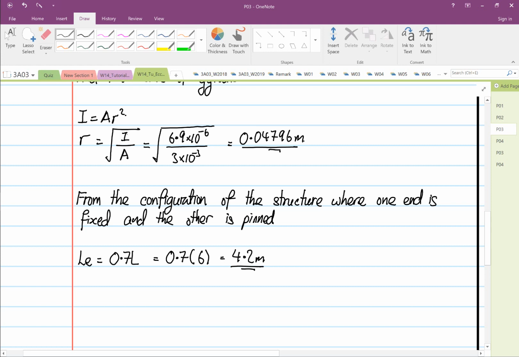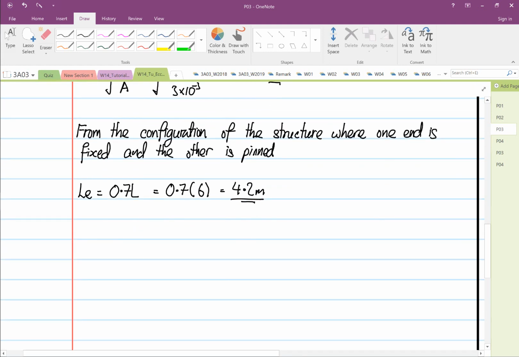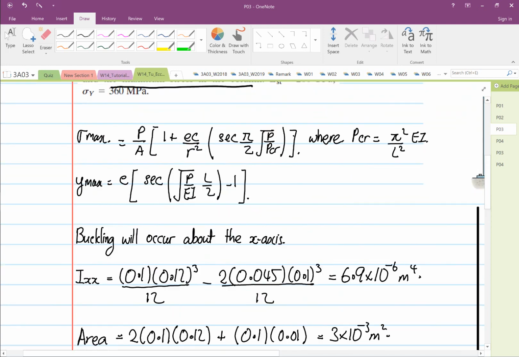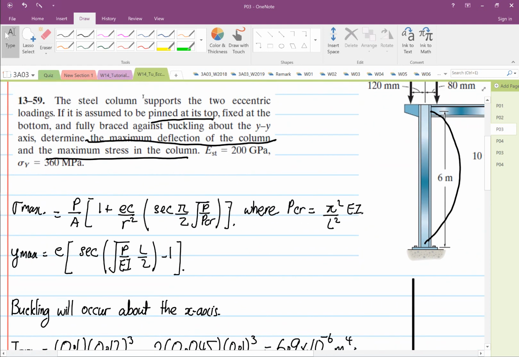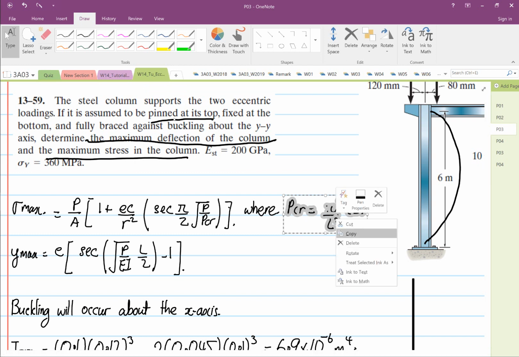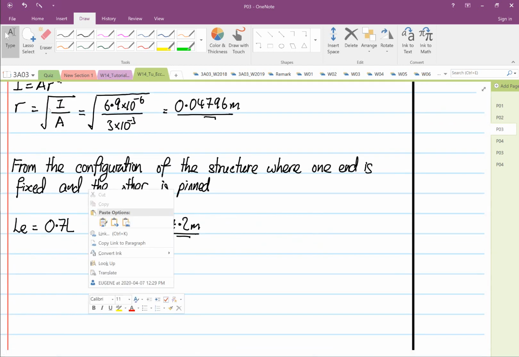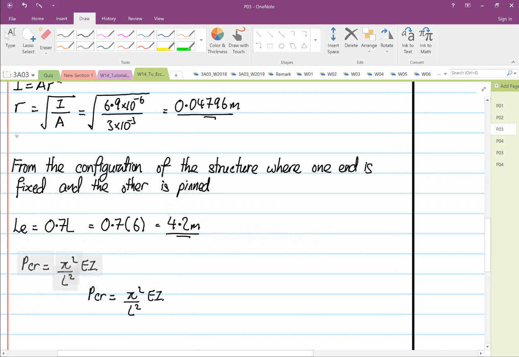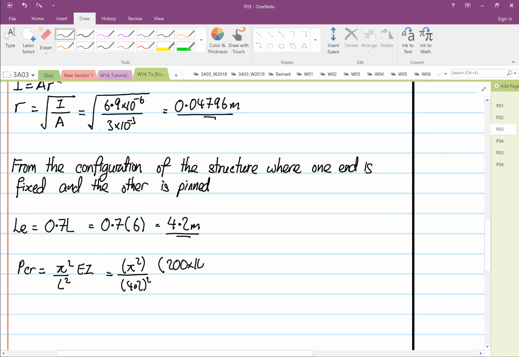So from here, we can calculate our critical load with this formula over here. So the critical load will be equal to pi squared E I divided by LE squared, 200 times 10 to the power 9, and then we found that our second moment of area is 6.9 times 10 to the power minus 6.